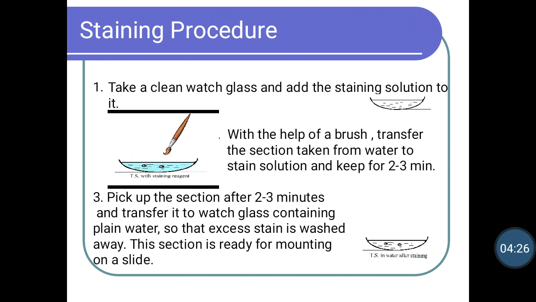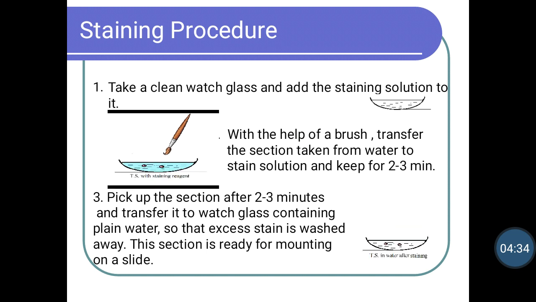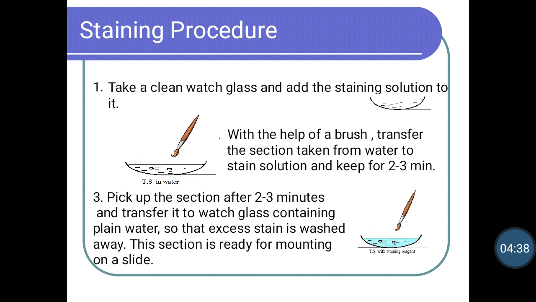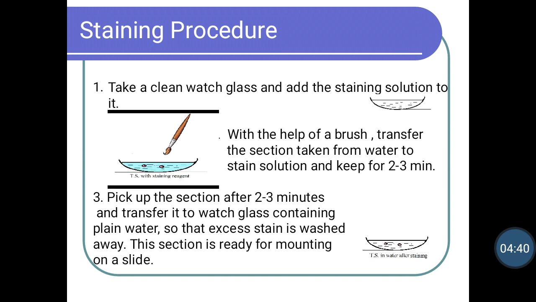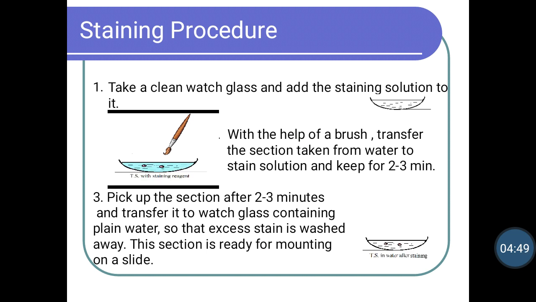Next is staining procedure. For staining of the section, take a clean watch glass and add staining solution to it. Then with the help of a brush, transfer the section taken from water to the stain solution and keep it in the stain solution for 2 to 3 minutes. Then it gets a reaction.